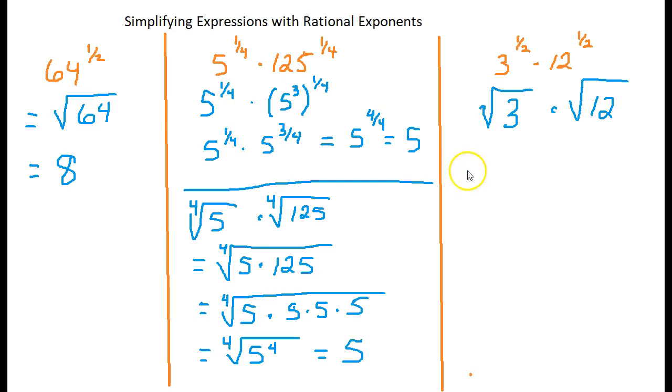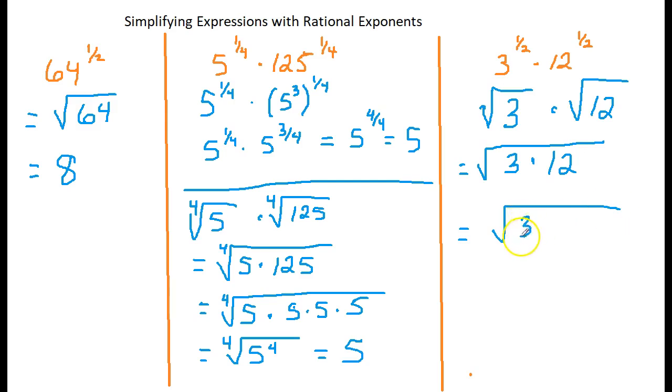Well, square root of 3 times 12. Now, we know that 12 is 3 times 4. So I have my first 3, and then my 12 is 3 times 4.